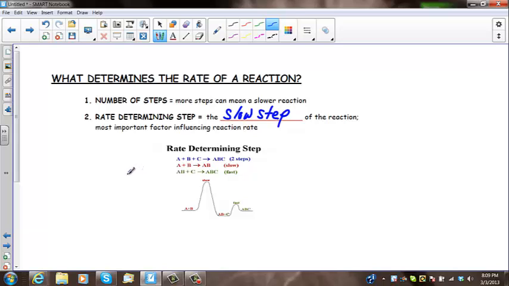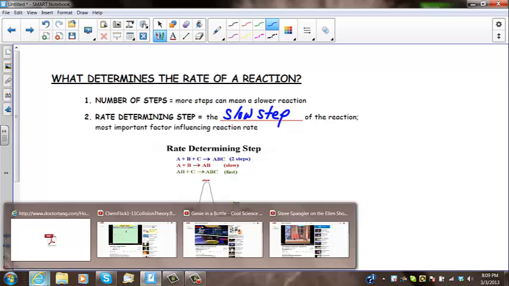So I want to make it perfectly clear. Just because you have something that has a lot of steps doesn't mean that it's necessarily going to be slower. For instance, I could ask you to leave my room and go to 15 different rooms in the high school and collect a piece of evidence.